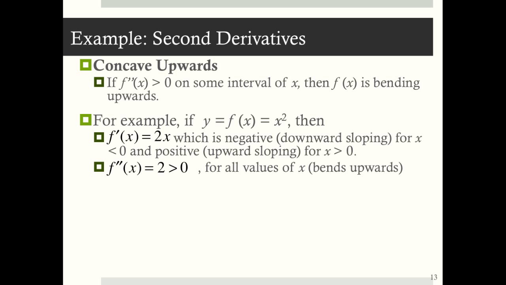F double prime of x equals 2 for all values of x, whether x is negative 10 or negative 3 or 0. This function is bending upwards. And we can graph this out. Here's a graph of the function f of x equals x squared.